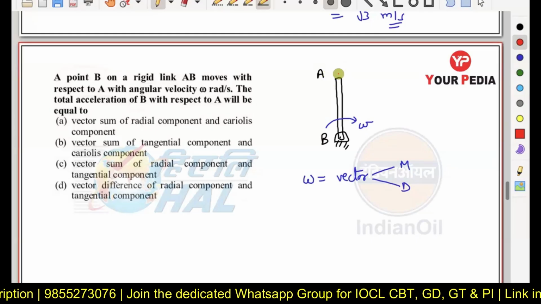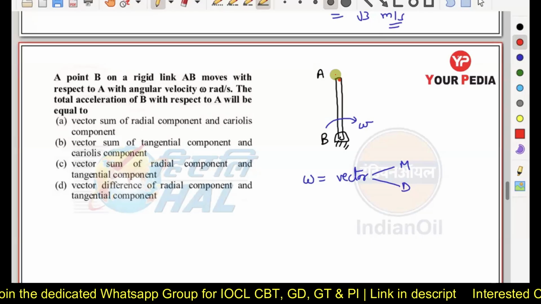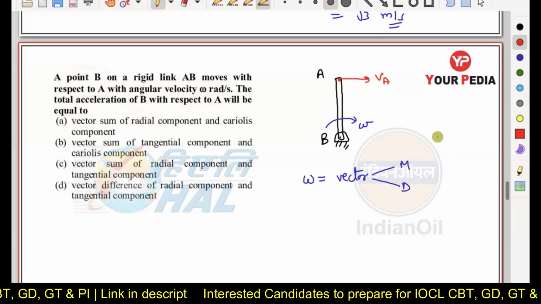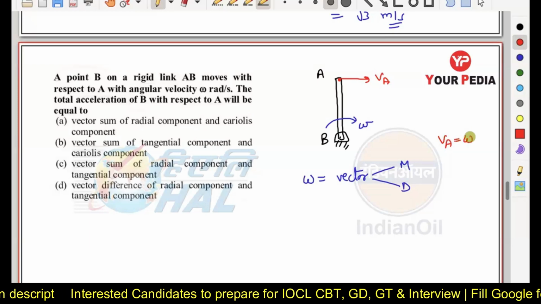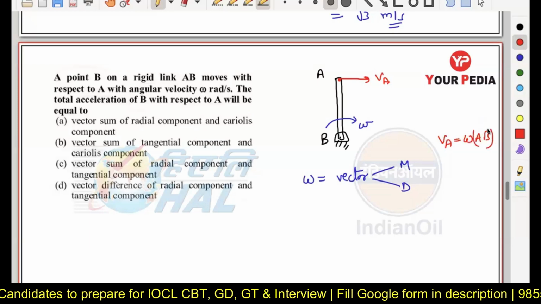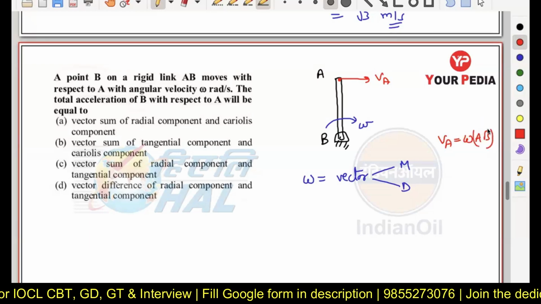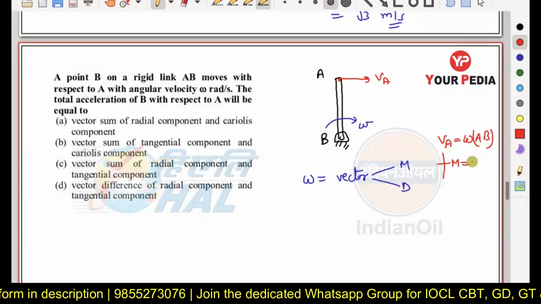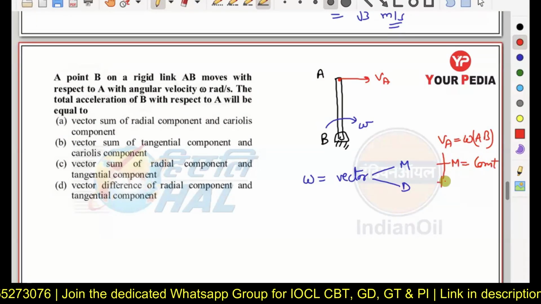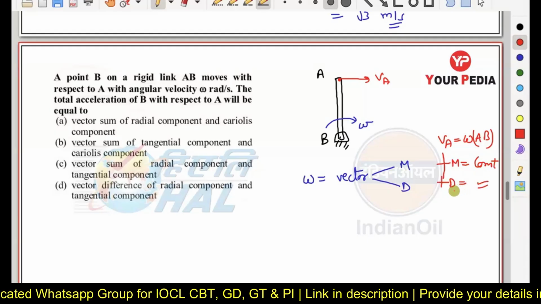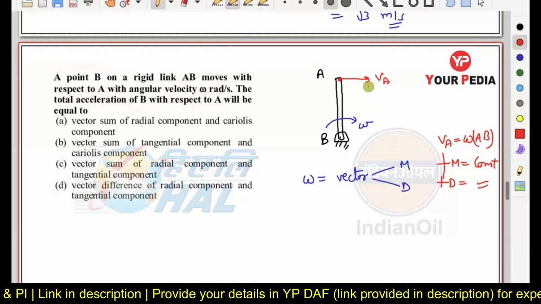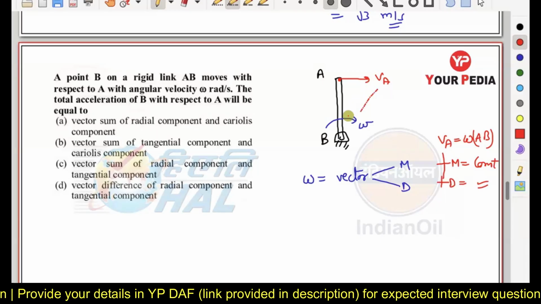If I define the velocity of the point A, it is going to be written as omega into AB. Omega will be constant, AB will be constant, so the magnitude will be constant, but the direction of AB is continuously changing, because after a certain instant the AB link will become inclined.